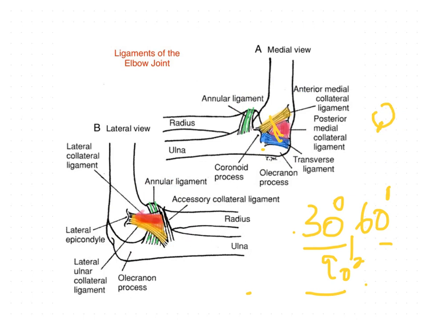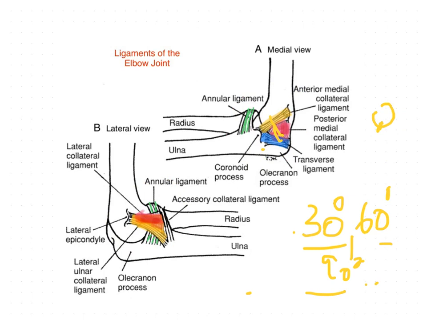Okay, the anterior capsule and the radial head also make some contribution to medial joint stability, but these structures fail to provide stability against valgus stress when the anterior bundle is cut.